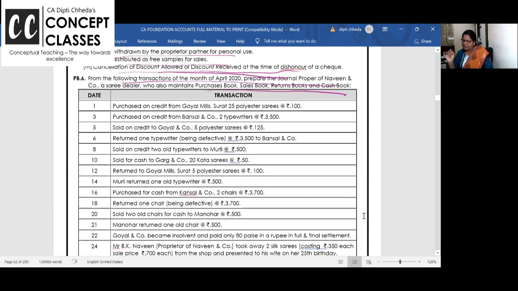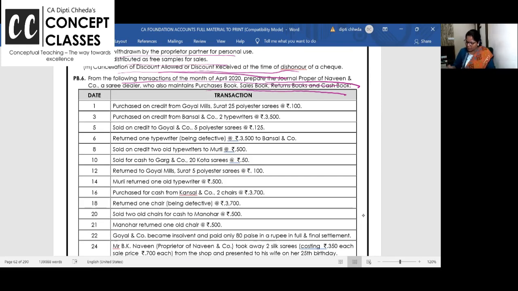I hope you are getting it. Prepare the transactions for journal proper. Already they are maintaining subsidiary books. So in short, I have to cancel and not record the transactions which are recorded in subsidiary books, and I have to pick up the transactions which I have to record in the journal proper.